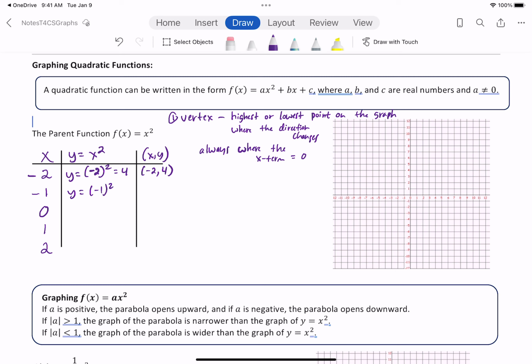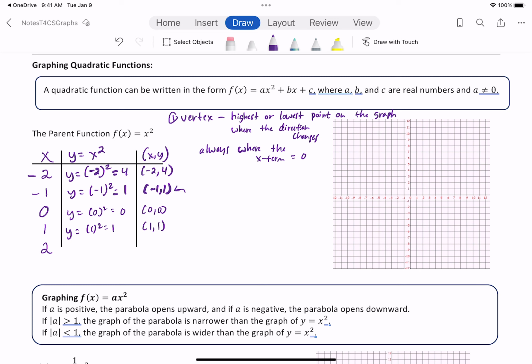The second one, we're going to plug in, whoops, looks like I wrote an equal right there, sorry. Oh, it is equal, sorry. If I square -1, that is 1. So this point's -1, 1. And then if we square 0, we get 0. If I square 1, I get 1.